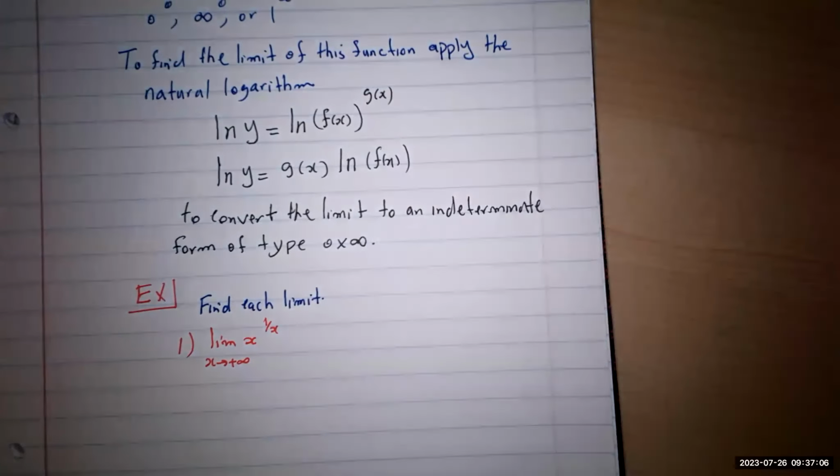There's a group of famous problems in calculus 2 where you have to know this to be able to do it. Limit of x to the 1 over x, x goes to infinity. If you substitute x going to infinity, this would be infinity, and that would be 1 over infinity, which is 0. So this is infinity to the 0.